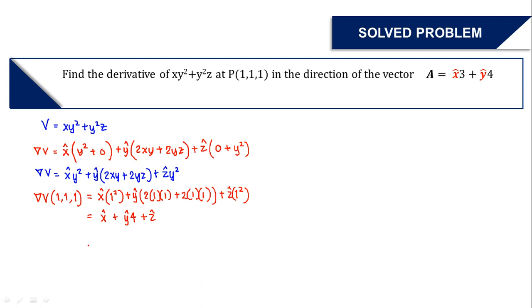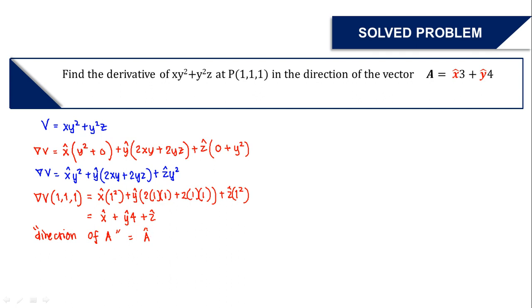So, the direction in the space, di ba? So, in the direction of A. So, kailangan pala natin yung direction ng A. So, we now need to get yung ating A hat para makuha natin yung direction, di ba? So, the direction of A, ang ibig sabihin niyan is we are going to get yung ating A hat.